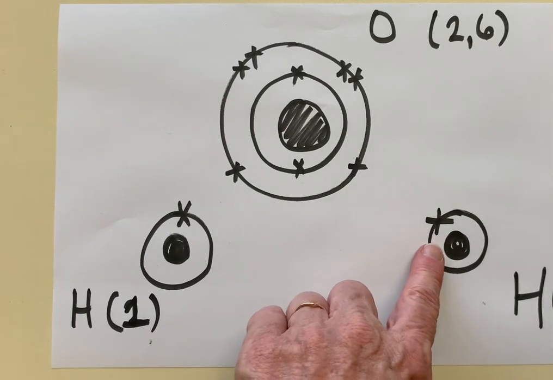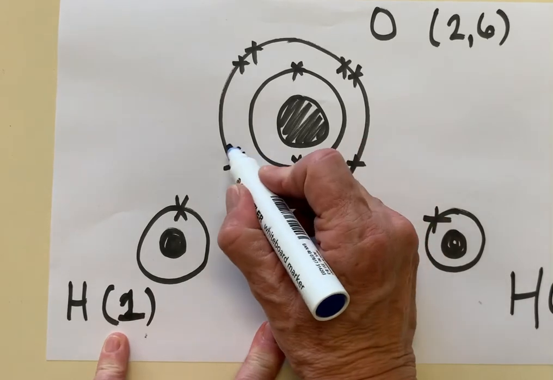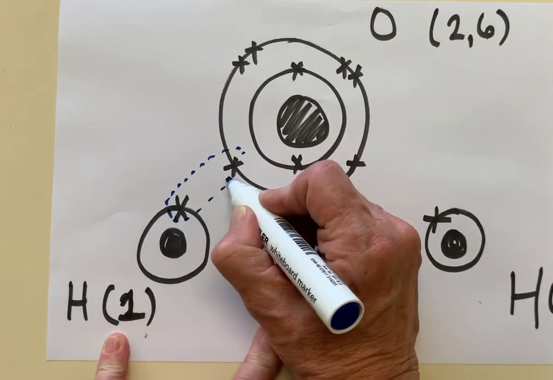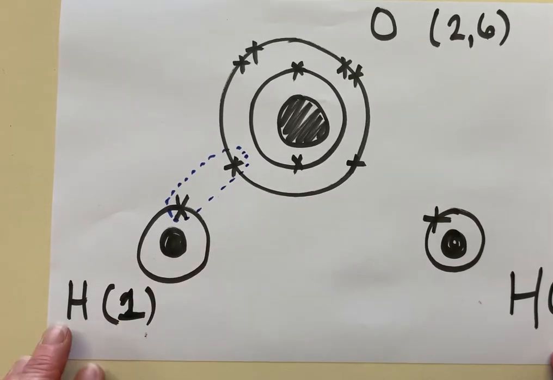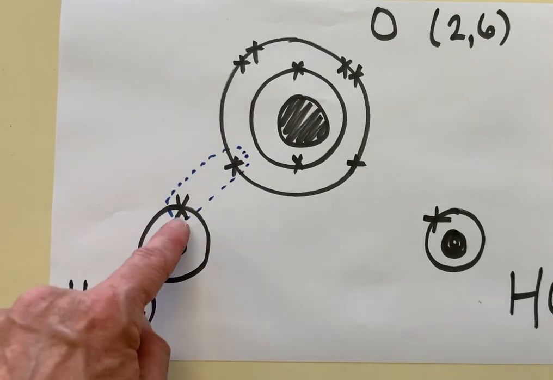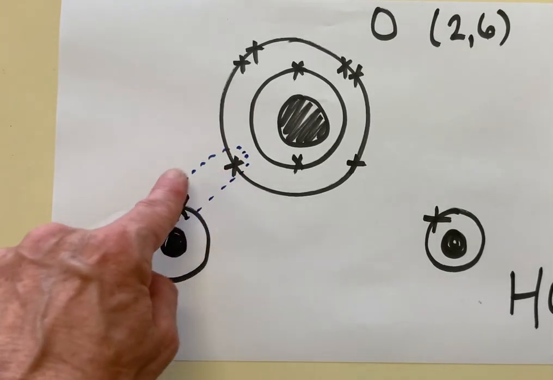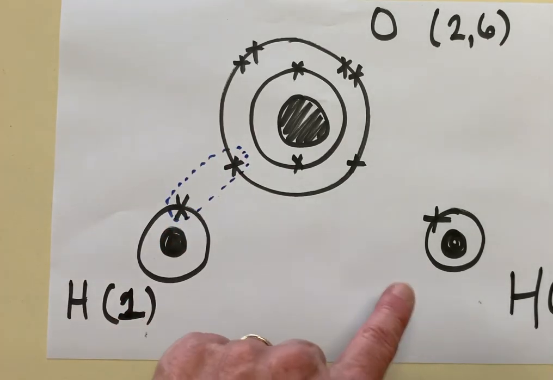So what happens in the case of all non-metals is that instead of giving their electron away, they share electrons. These 2 electrons here are shared between the hydrogen atom and the oxygen atom. If we share them, then this hydrogen atom has these 2 electrons and has a full outer shell, if you imagine the hydrogen really close together. And same here.